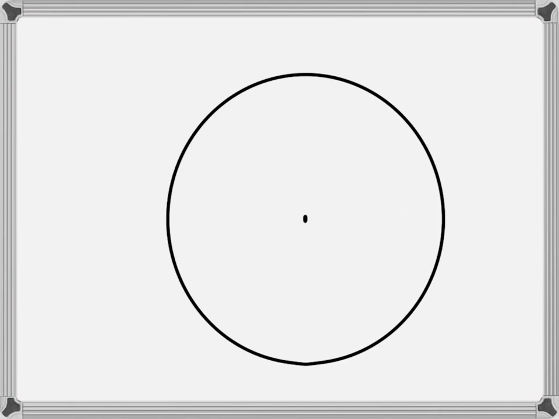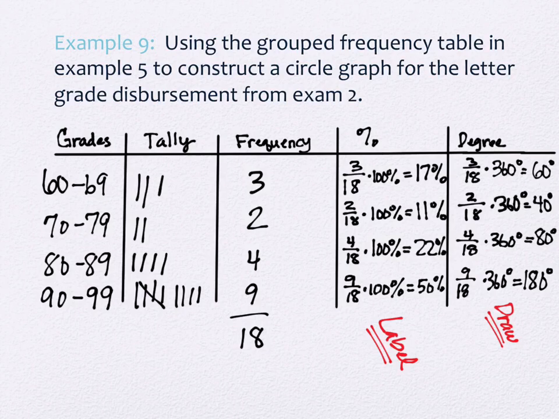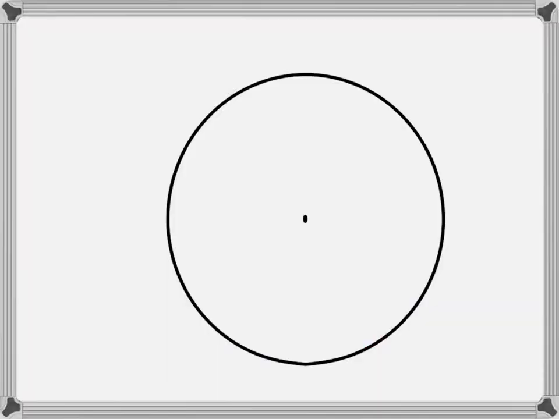Of all the angle measures that we just created, which one's the easiest one to draw? 180. Why is 180 the easiest one to draw? It's half a circle. So that's not always going to happen, but let's just put it in because it happened here. You need it to go straight through the center.